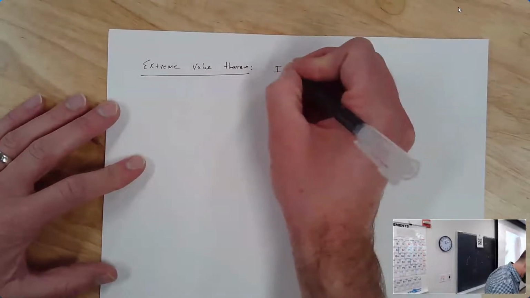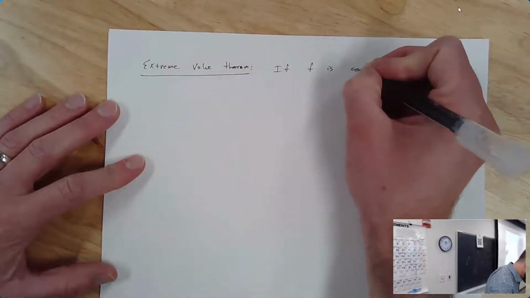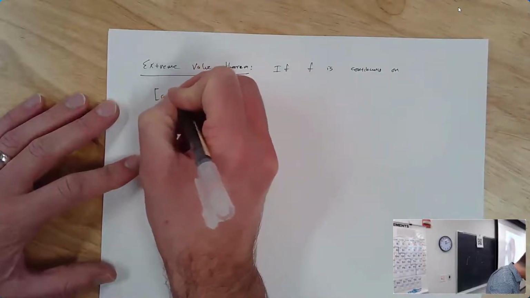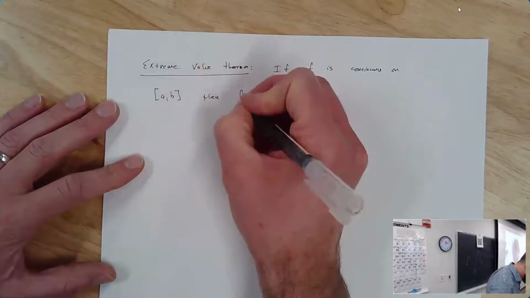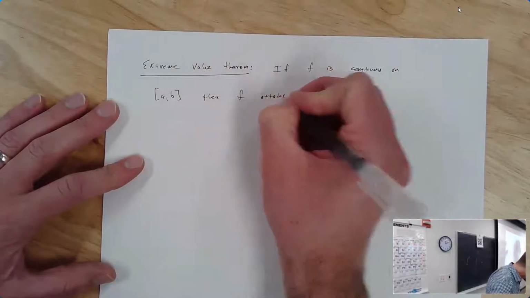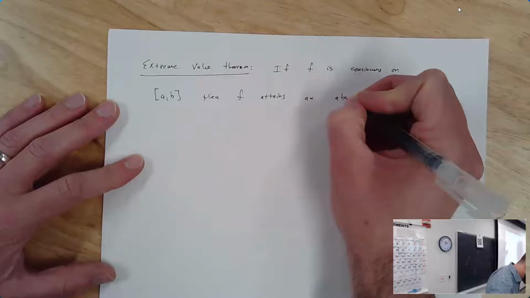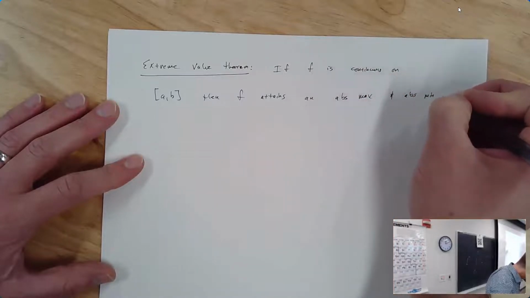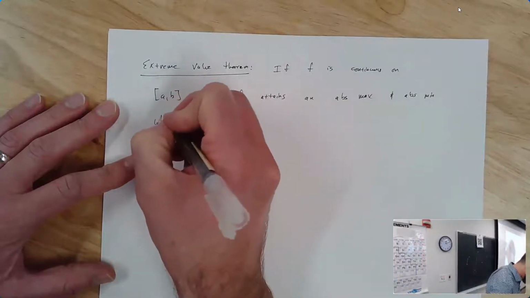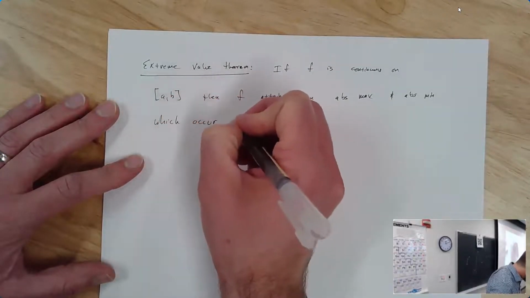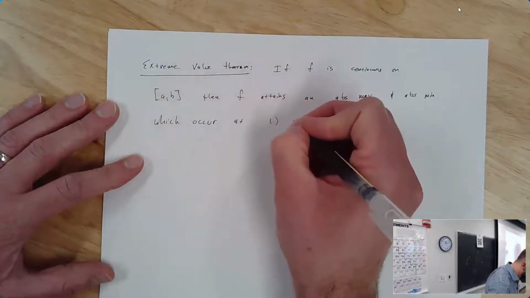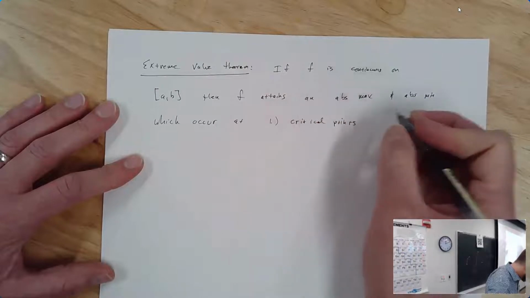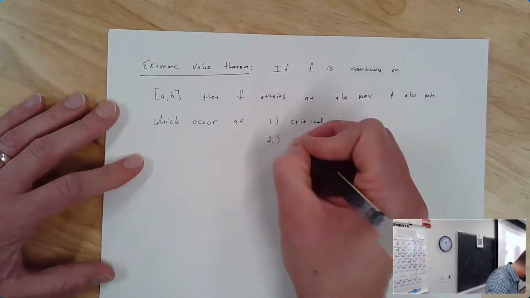So if f is continuous on the closed interval [a, b], then f attains an absolute maximum and an absolute minimum, which occur at either critical points or endpoints.